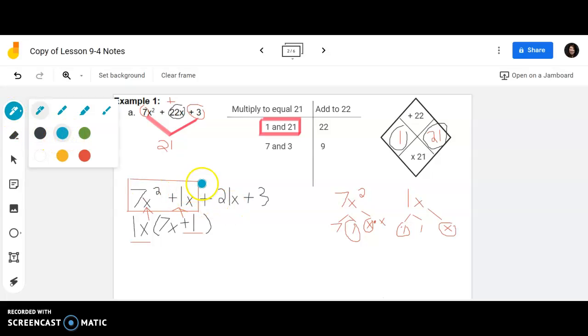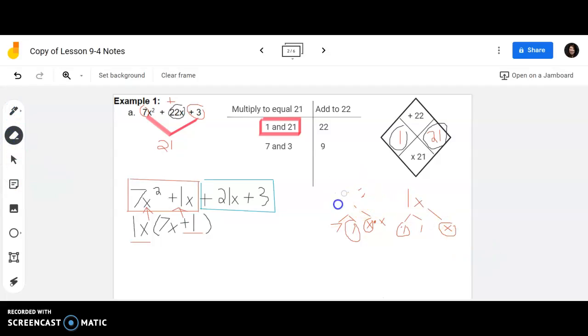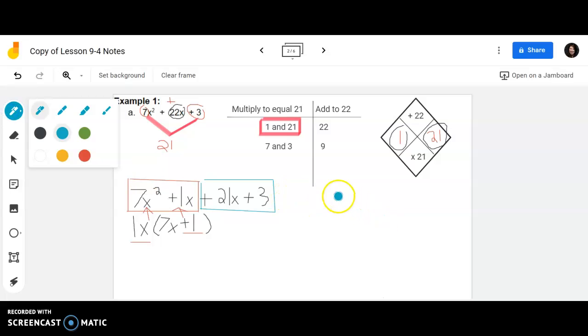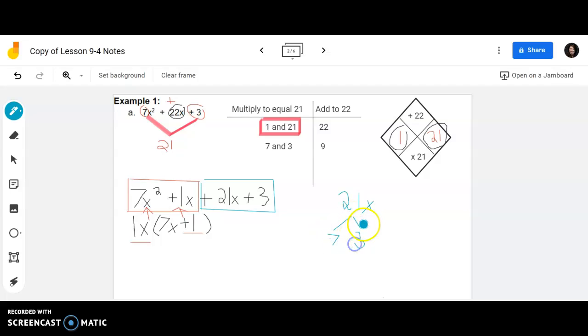Then we have to factor the second half, and that's going to be 21x plus 3. I'm actually going to erase this part so I have room for the 21x and a 3. So if we break down the 21x, that's going to be 7 times 3, and then it also has an x.